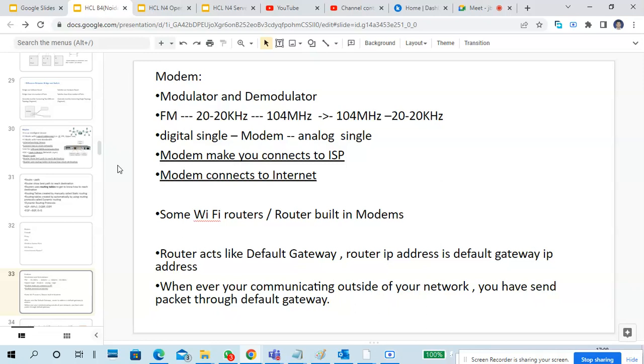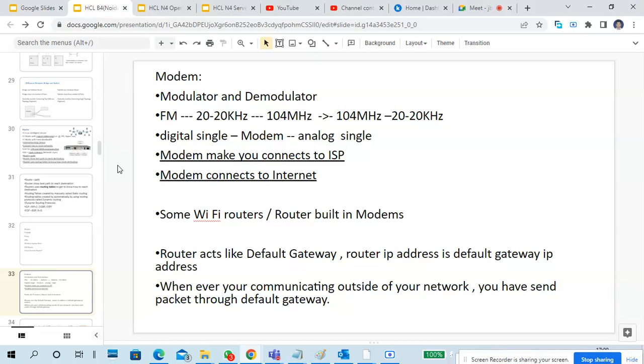Very simple one statement: modems make you connect to the ISP, because whenever you are connected to the ISP, the ISP will give you internet. So a modem connects you to the internet. Modulate and demodulate means generally our LAN network is a digital signal network.